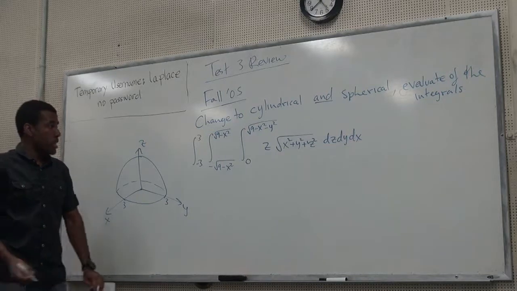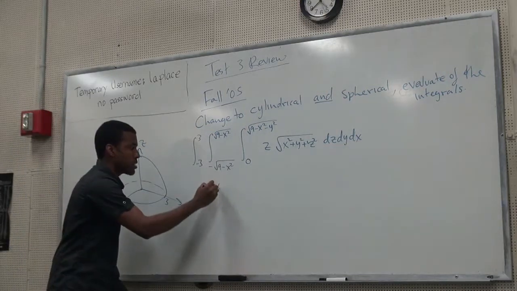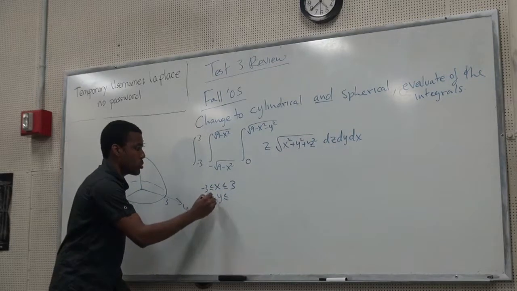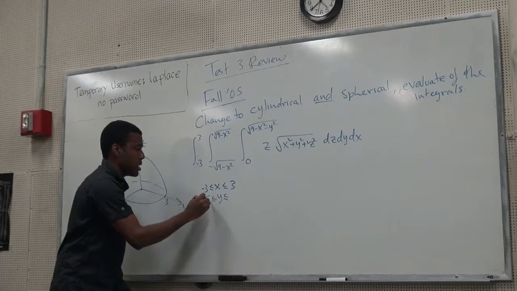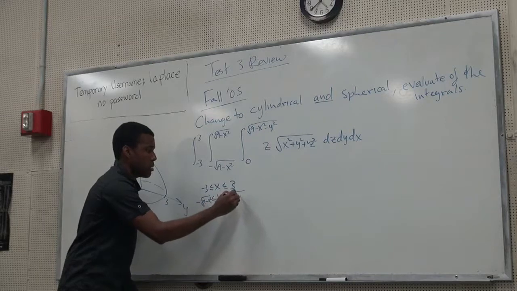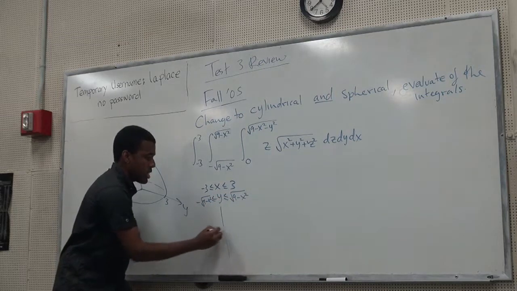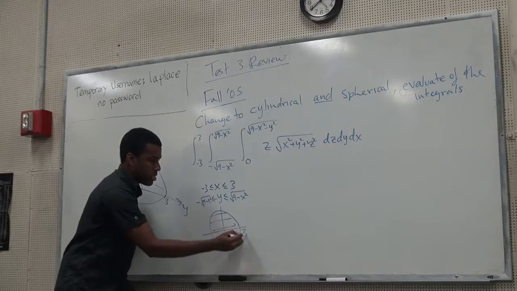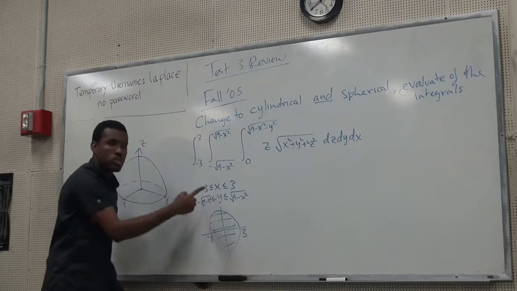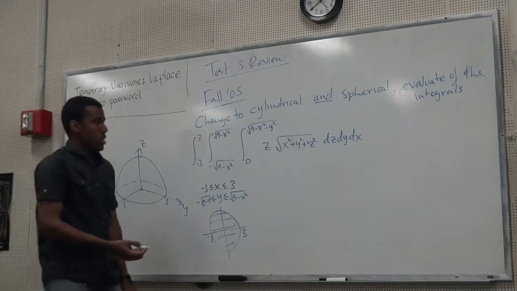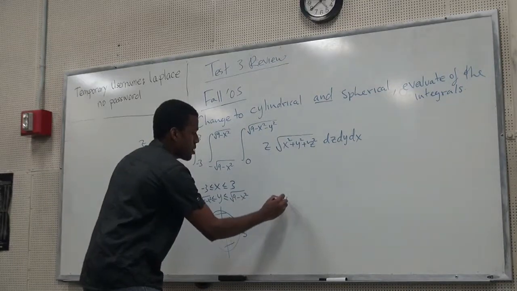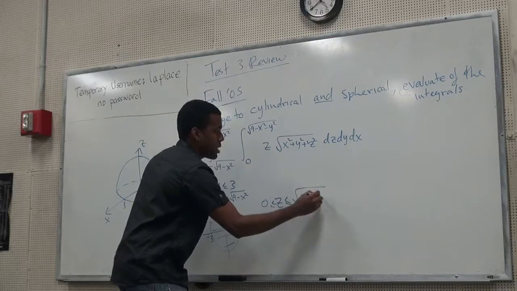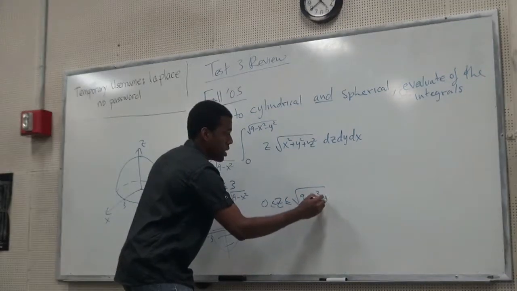Because you can actually do x goes between -3 and 3. Your y would go between negative square root of 9 minus x squared and square root of 9 minus x squared. So that already gives you what it looks like in two dimensions. That's just a circle of radius 3, centered at the origin. Then z goes between 0 and square root of 9 minus x squared minus y squared.